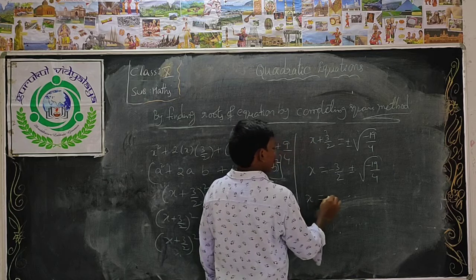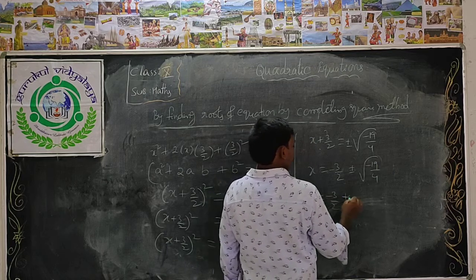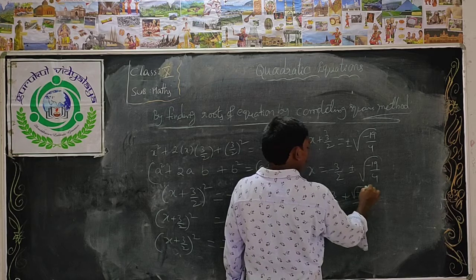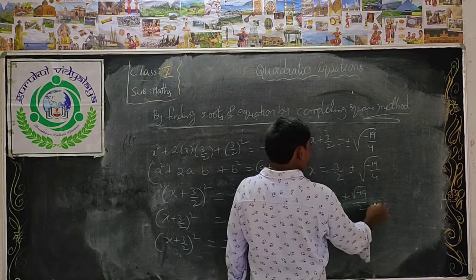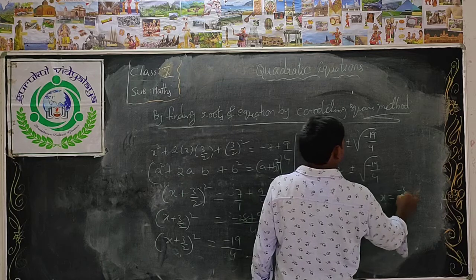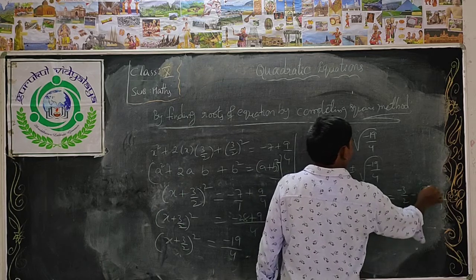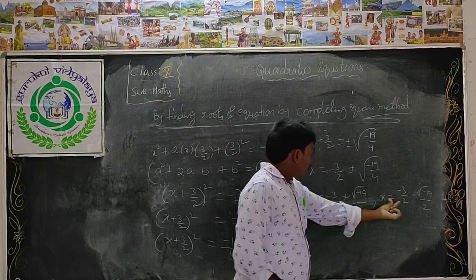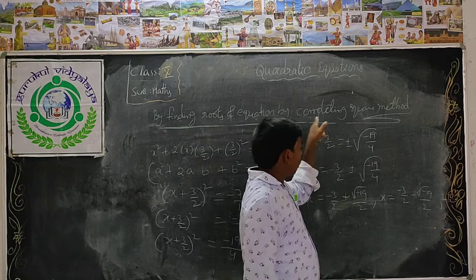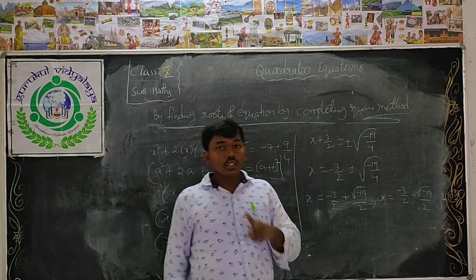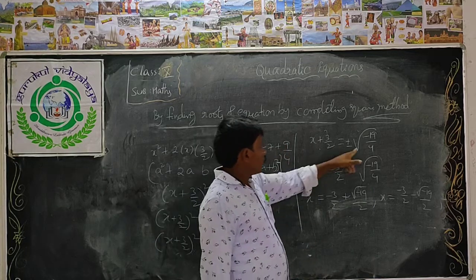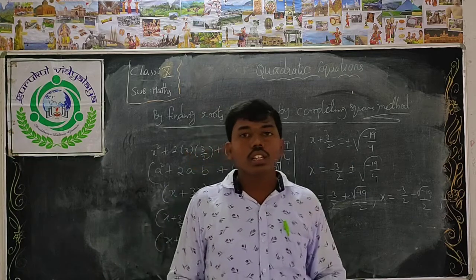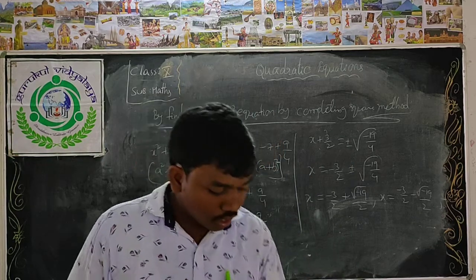Means x is equal to minus 3 by 2 plus root of minus 19 by 2, why, the square root of 4 is 2, and x is equal to minus 3 by 2 minus root of minus 19 by 2. Means take plus one time, minus another time. A quadratic equation will have two roots like this. Before the square root we take plus or minus. Okay. Again, I will tell another example with clarity.